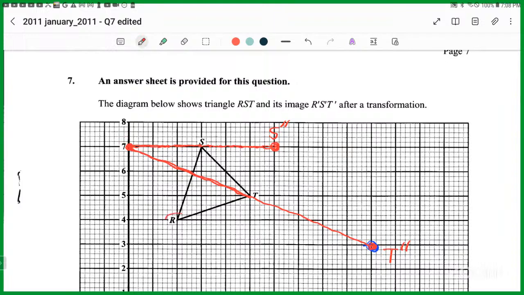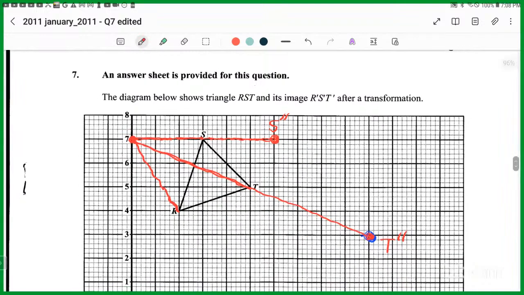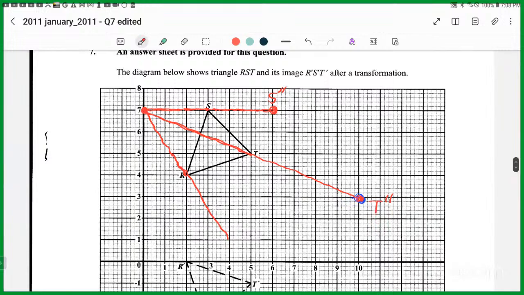Let's do R next. This distance out to R from the center is doubled again. You can measure it and double it, or you can again break the distance down into components that you can count. This is 1, 2, 3 units down and 2 across.